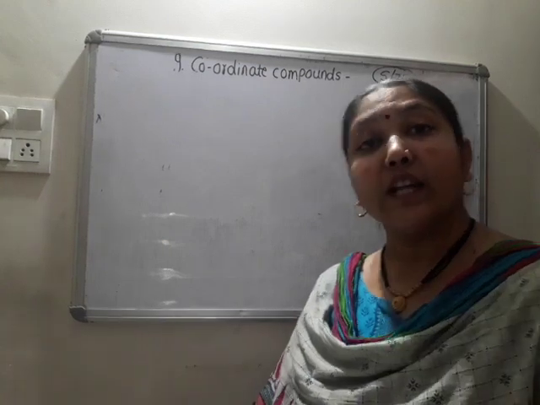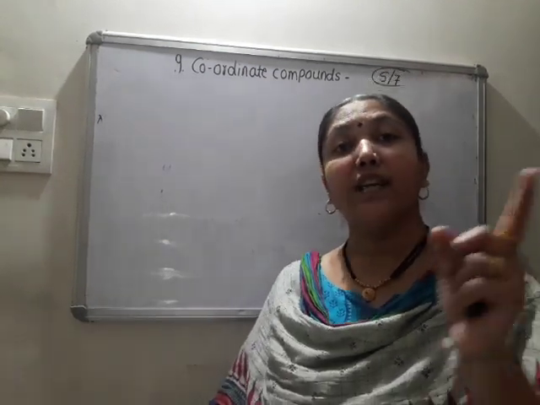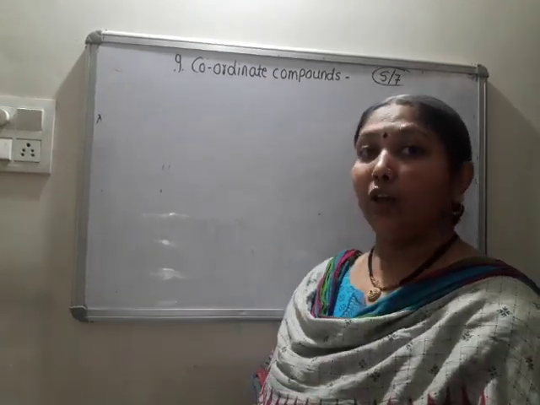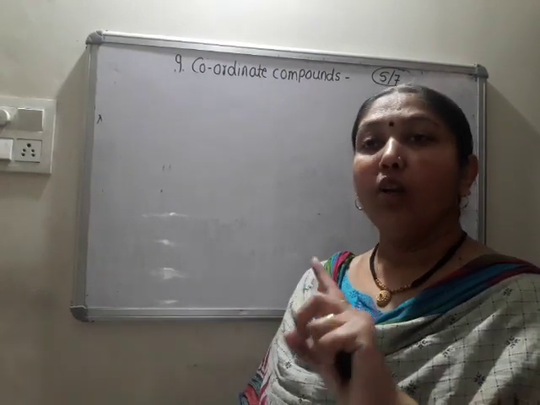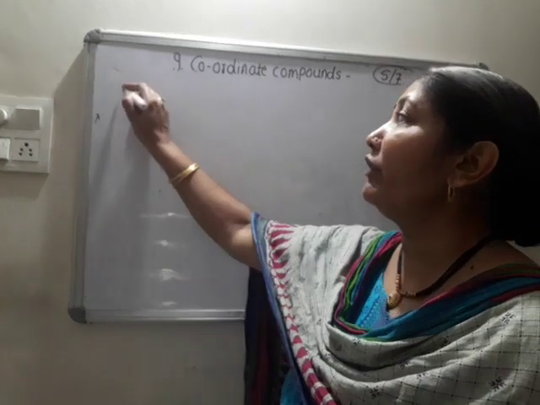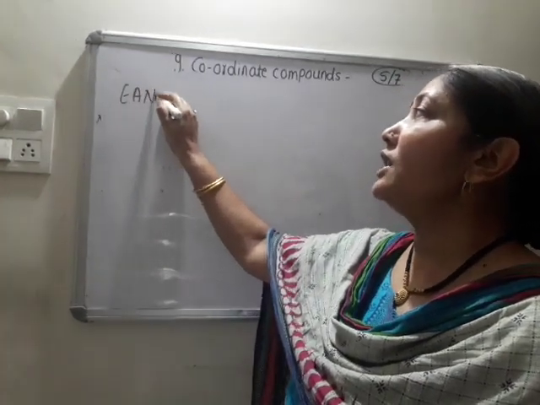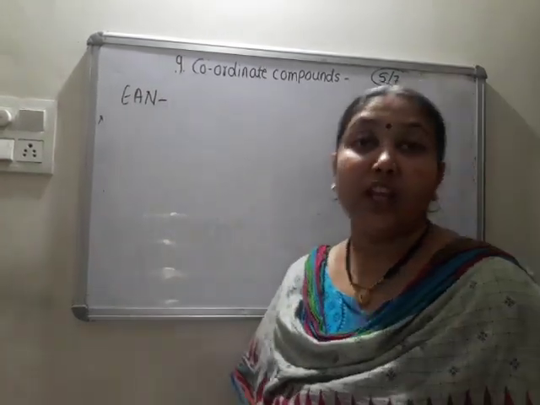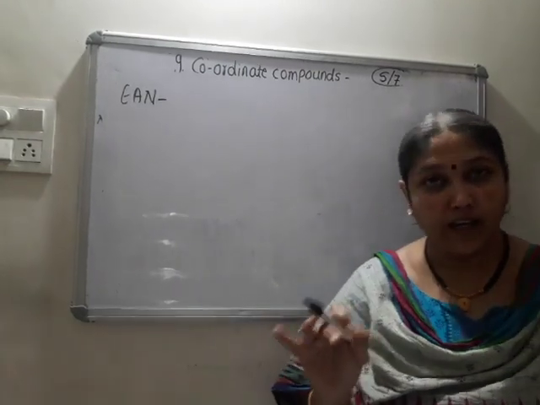The questions are: what is effective atomic number, what is the EAN rule, and calculate it. Three questions I told you. 1. What is effective atomic number? The number of electrons around the central metal atom in a complex is called EAN.